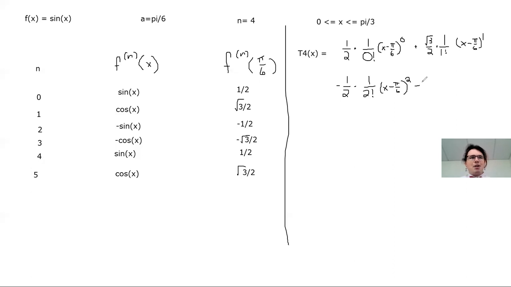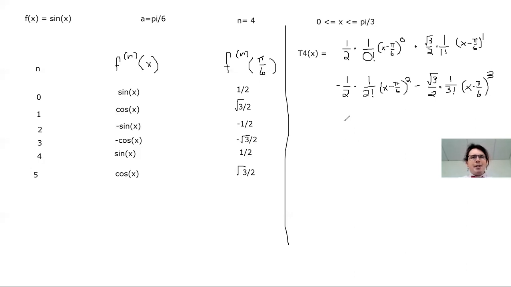For my cubic term, I again have a negative coefficient. So I'll write this as minus root 3 over 2. And I need to divide by a factorial number. This time it's the 3rd factorial number, which I know 3 factorial is 6. And then I've got (x minus pi over 6) all to the power 3.